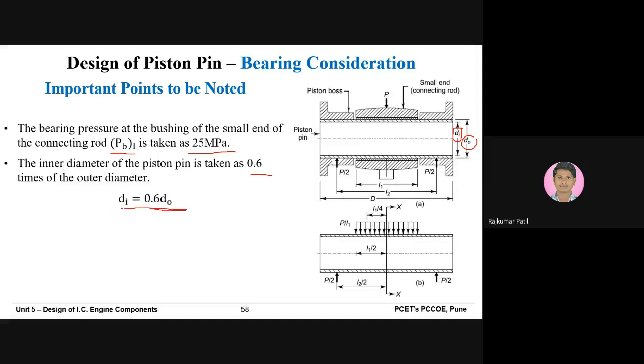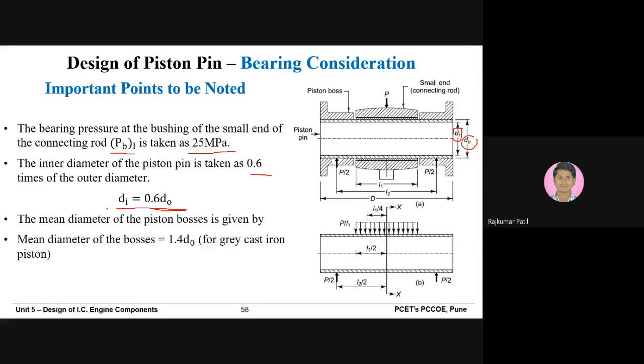So this is another empirical relation that we use to calculate the inner diameter of the piston pin. Then the mean diameter can also be calculated. The mean diameter of the boss is 1.4 times D naught for a grey cast iron piston, and it is taken as 1.5 D naught for an aluminium alloy piston.